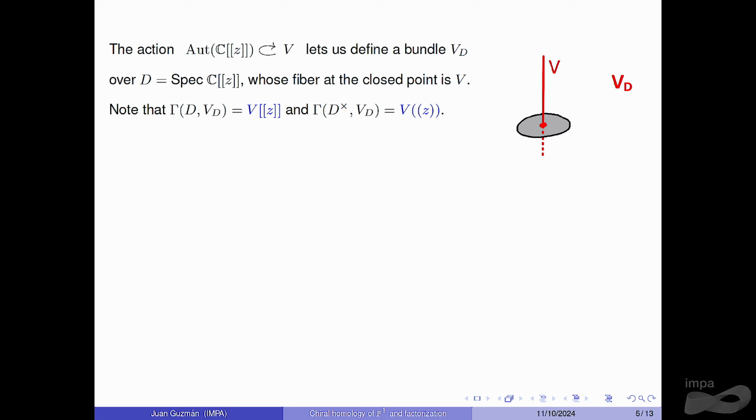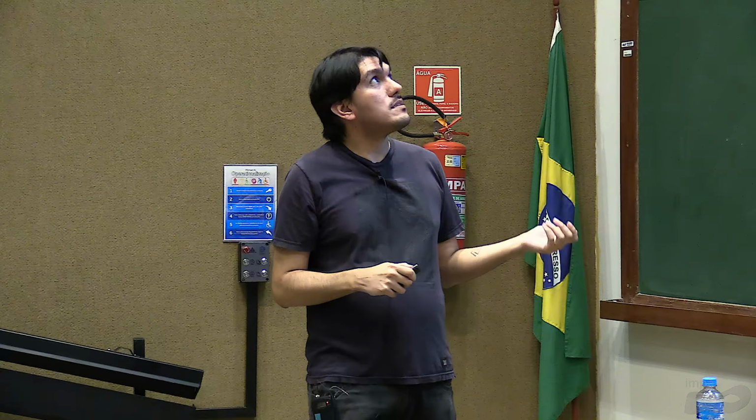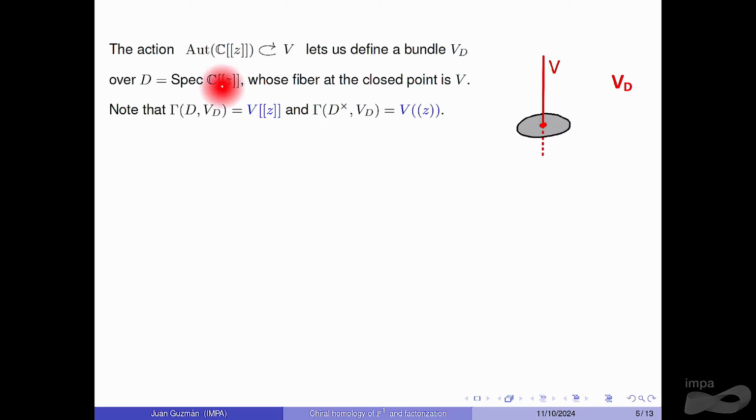But thinking about it as a bundle, and more importantly, the sections of that bundle, we can look at the global sections, and the global sections are going to be this module of the formal power series. And when we look at sections away from the closed point, we're going to get the Laurent series. So those are the elements that appeared in the product, so it's natural for them to appear here.